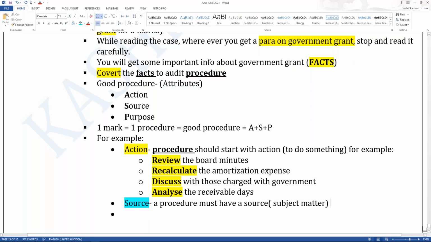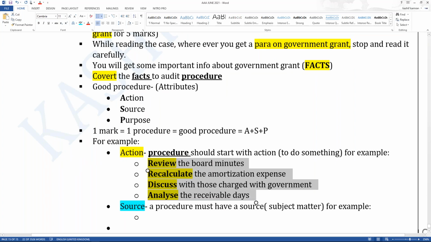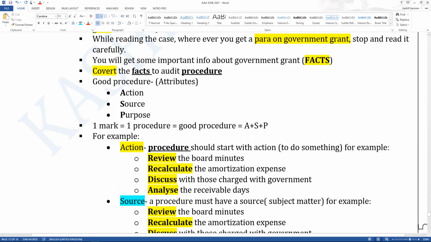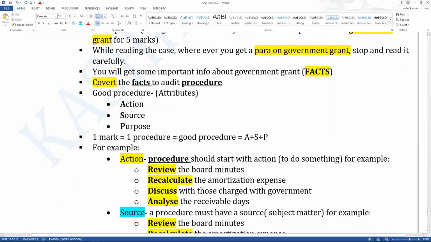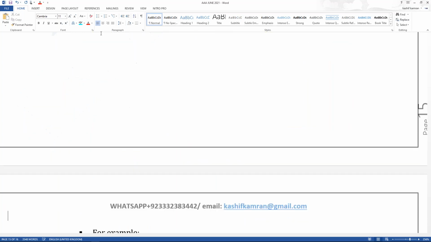Okay, for example, review the board minutes, right? So if I just copy my list from up here and copy them down, just give me some space so I can take this to my next page. Okay, for example.